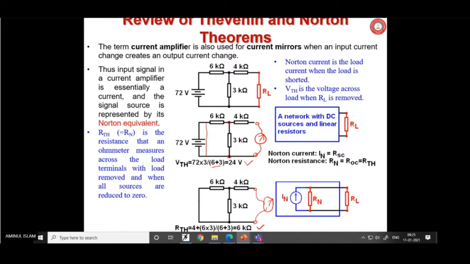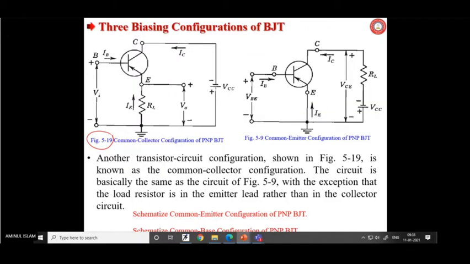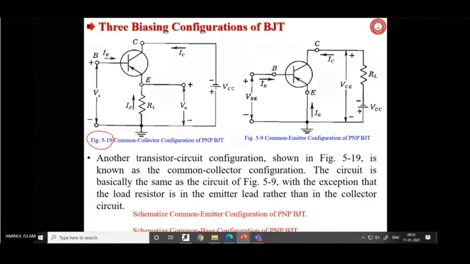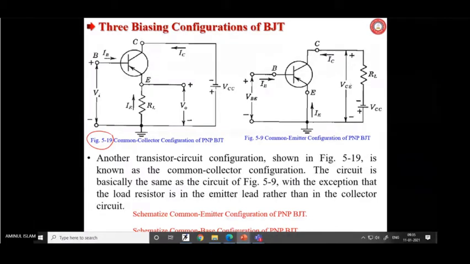Okay. But you have studied, I hope. These three configurations I am talking about, have you heard these configurations earlier? Tell me. Yes, sir. All of you heard, but never asked why it is common collector?